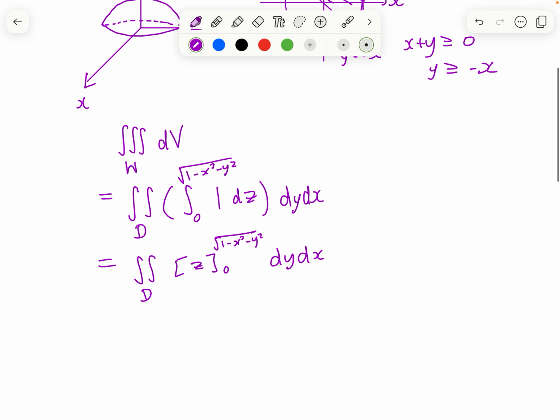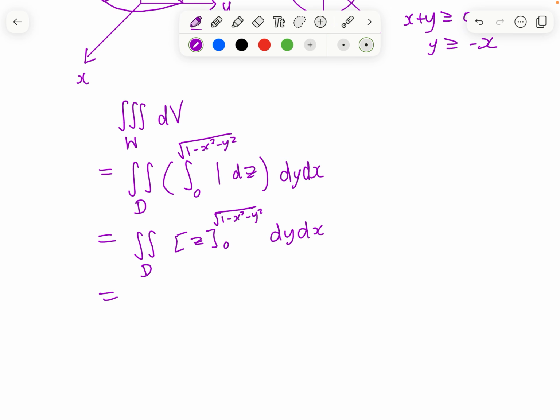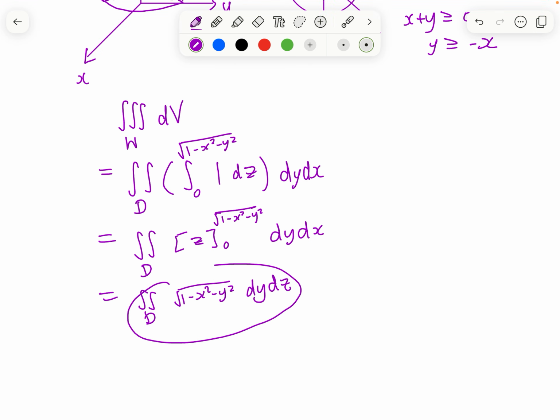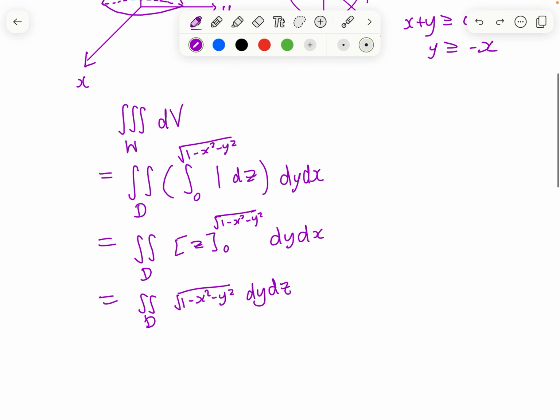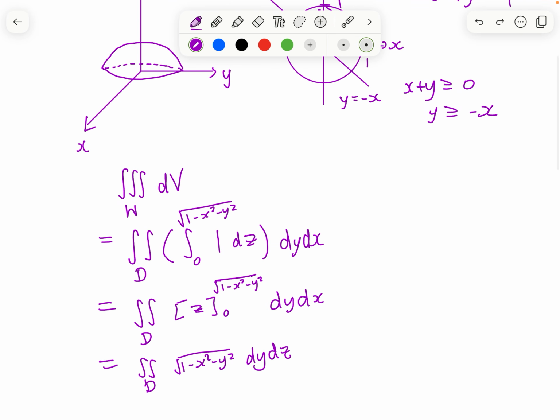In this case, it's just going to leave us with square root 1 minus x squared minus y squared minus 0, but the 0, we don't have to write that down. So then we're left with this. This is just like any other double integral that we have seen before. And now the next step is to solve this.